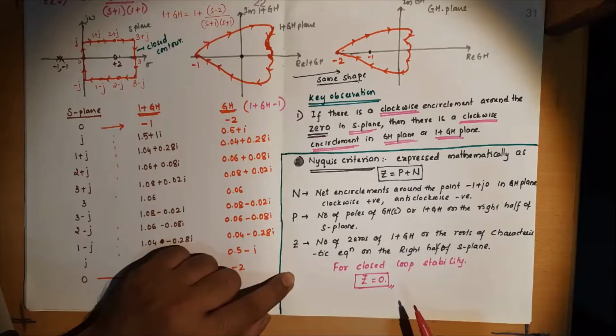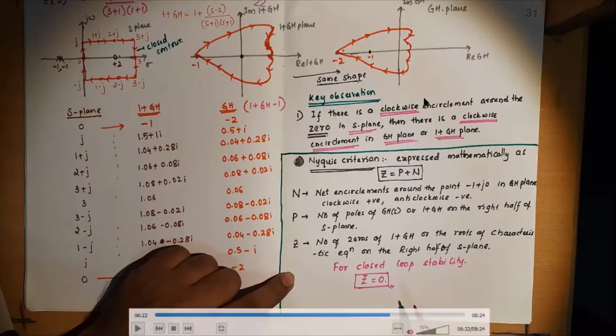That is our task. To check the closed loop system stability, one can easily say that there shouldn't be any right half pole in the closed loop transfer function.